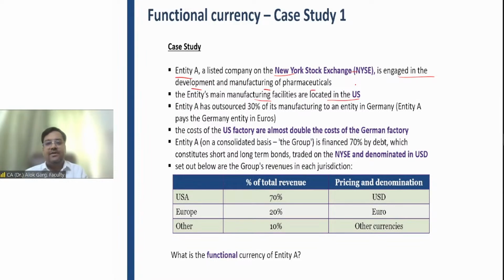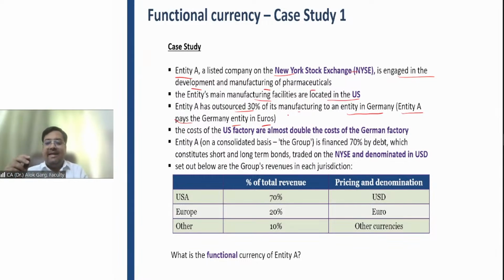The entity's main manufacturing facilities are located in the US, right? So the main production plant is in the USA. Entity A has outsourced 30% of its manufacturing to an entity in Germany, and entity A pays the German entity in euros.